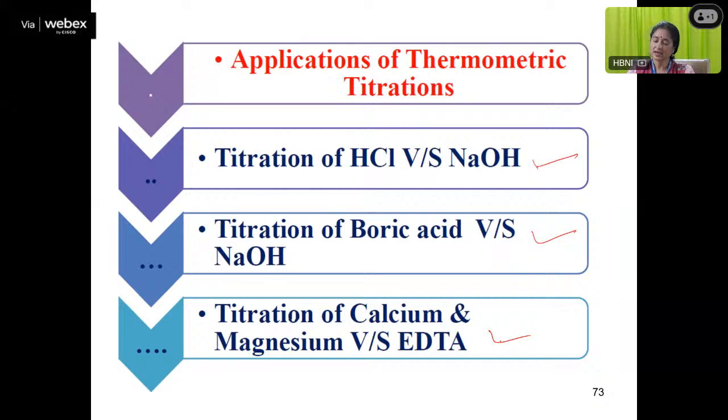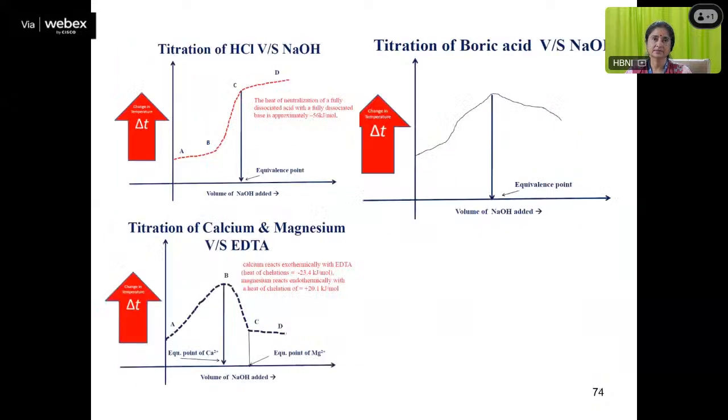All these titrations can also be done by thermometric titration, because during these reactions various temperature changes are involved. So these are the types of plots you can have in all these cases. It is all similar types of plots that we are getting.